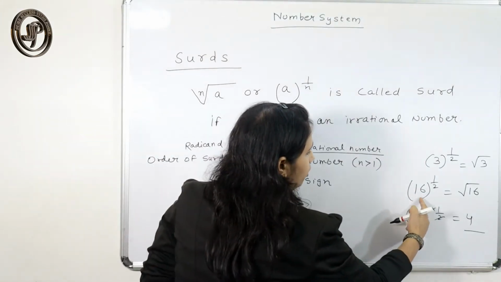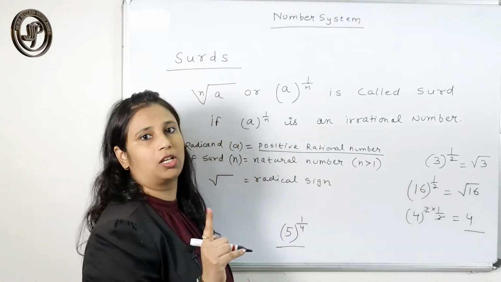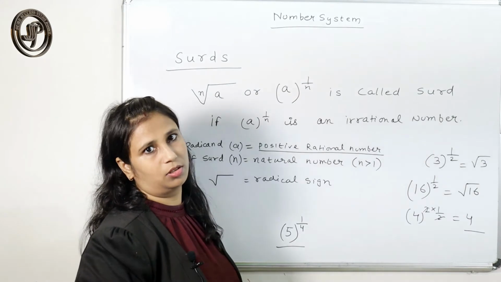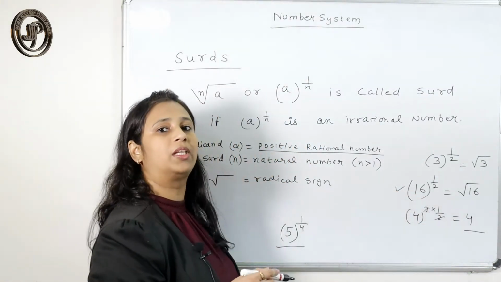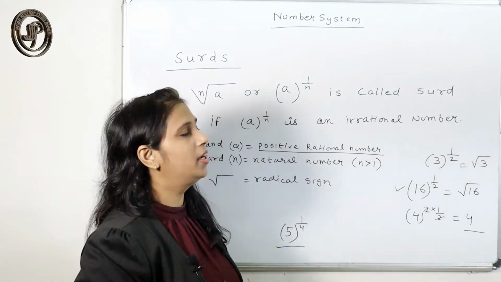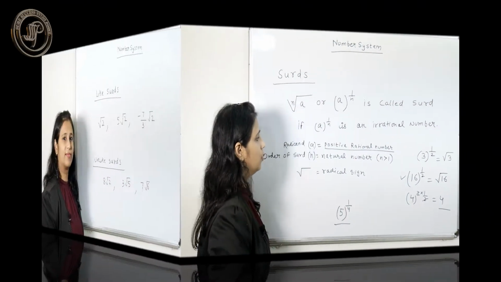So the value of this is not irrational, so this is not a surd. This is the way you can predict whether something is a rational or irrational number.